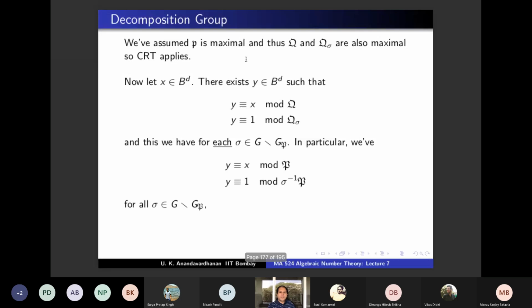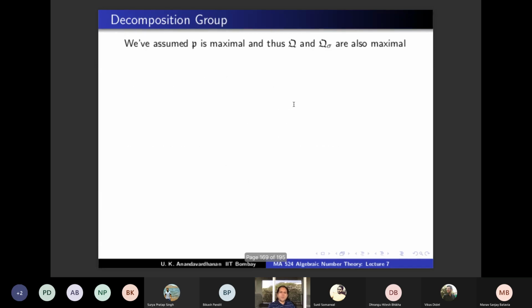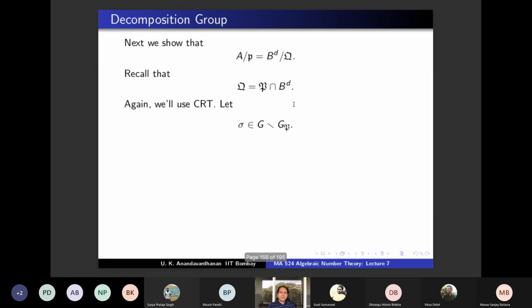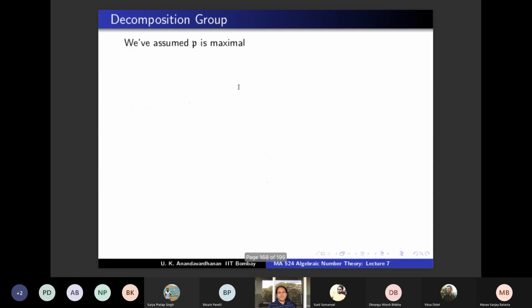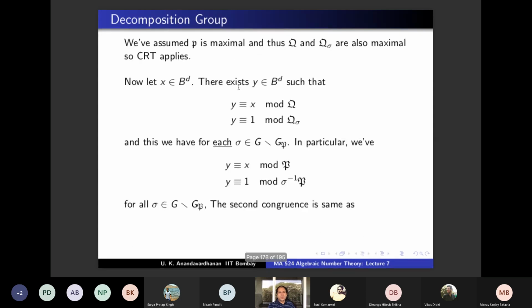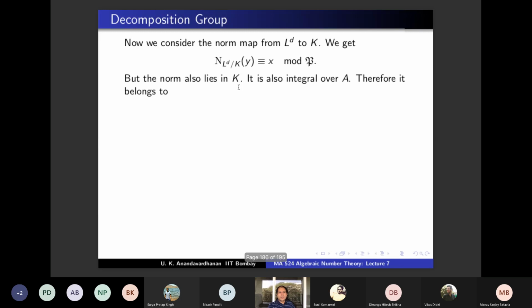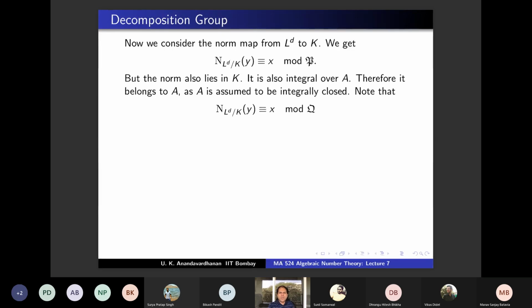The difference is in P, and also in BD, so the difference is in P intersection BD, which is Q. Q is the intersection of P and BD. Therefore the difference is in Q. So we have concluded that this is congruent to x mod Q. So the change I have made, P to Q, is because of all these arguments.